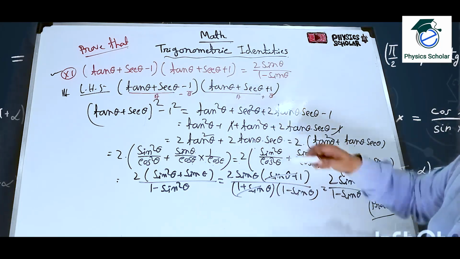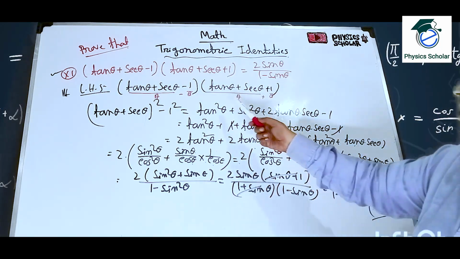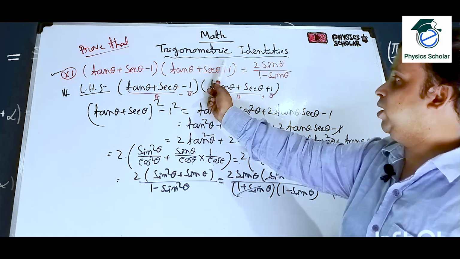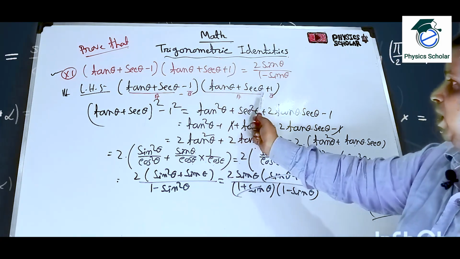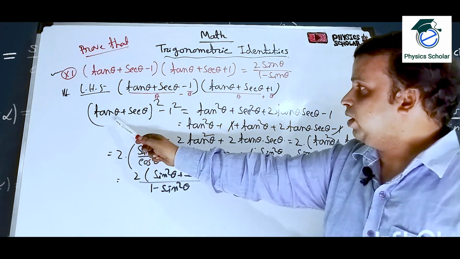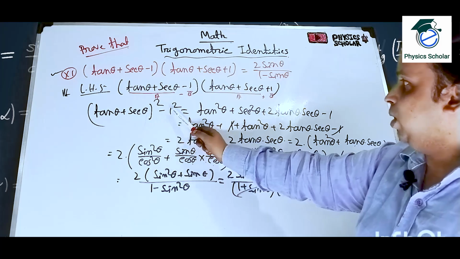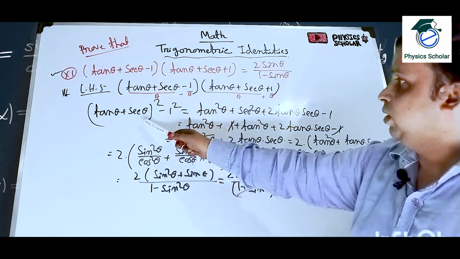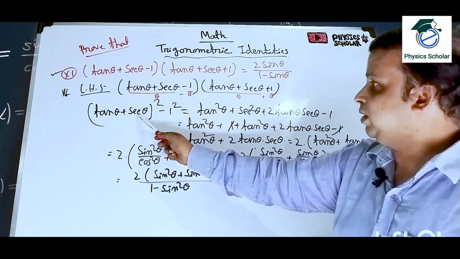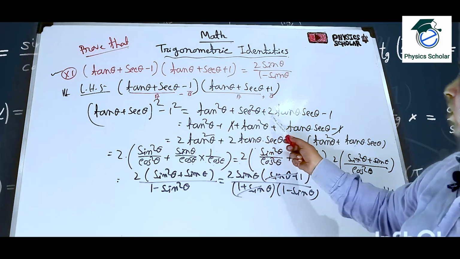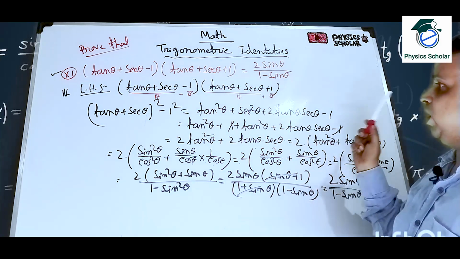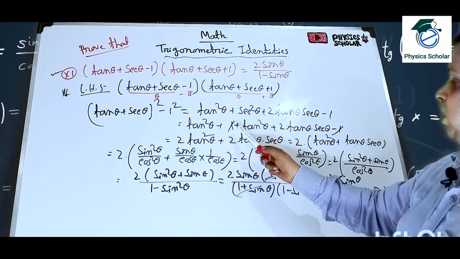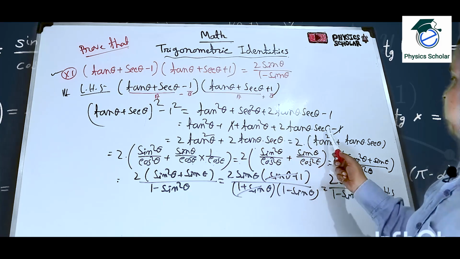So now here, left hand side is given: tan theta plus sec theta minus 1 into tan theta plus sec theta plus 1, so a plus b into a minus b. That means it is the a square minus b square formula. So the whole square formula: tan theta plus sec theta whole square means tan square theta plus sec square theta plus 2 tan theta sec theta minus 1. So tan square theta plus sec square theta means 1 plus tan square theta plus 2 tan theta sec theta minus 1.